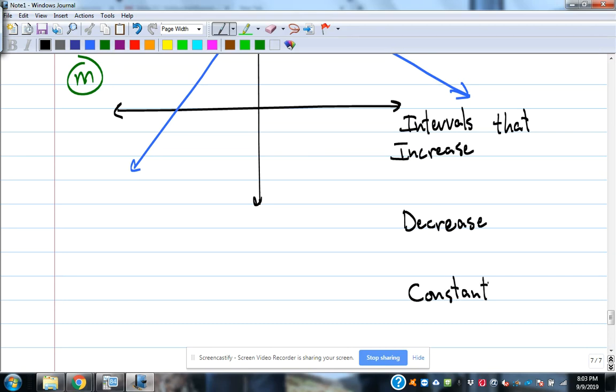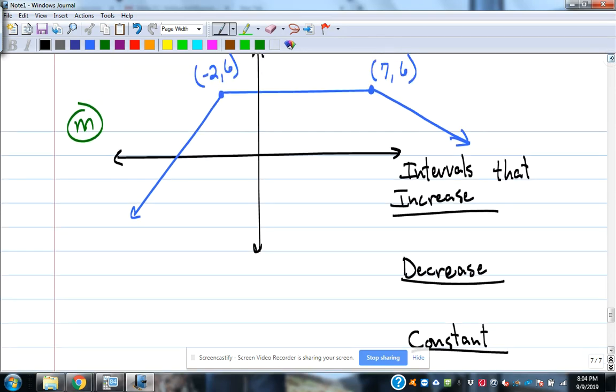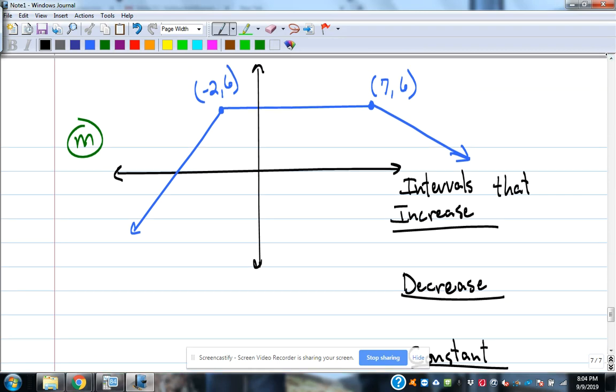And this picture has all of those in it. So when we look at a graph, we can look at pieces and decide whether it's increasing or decreasing, or if it's constant. And when we do that, we read the graph like you read a book from left to right. So left to right is how we're going to read that.